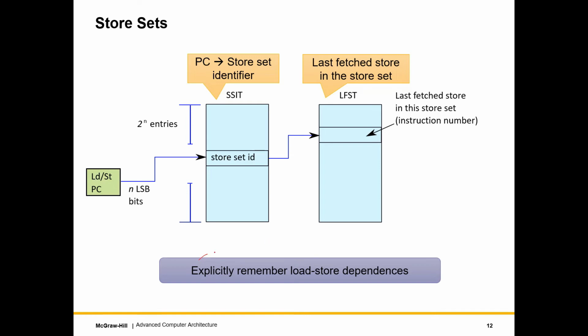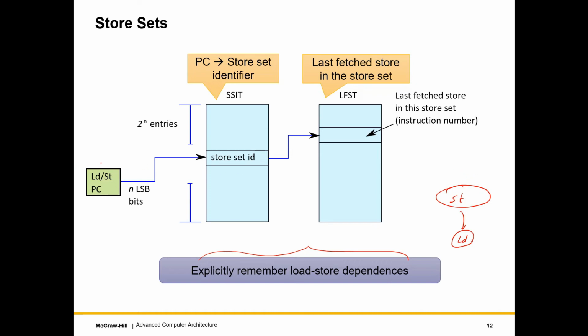Here our explicit aim is to remember load store dependencies, and for a load we should be able to say which stores are part of its store set. A store set is basically the set of all the stores that can forward their value to a load, right? Store set is a set of stores.